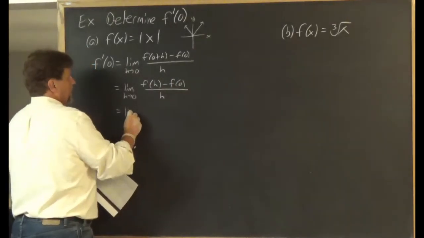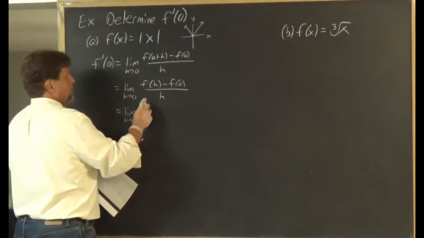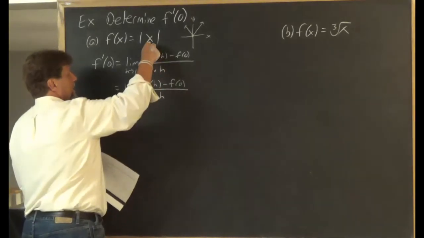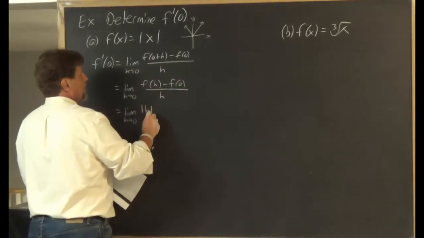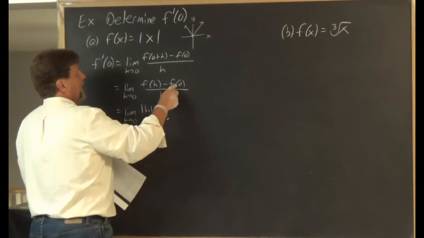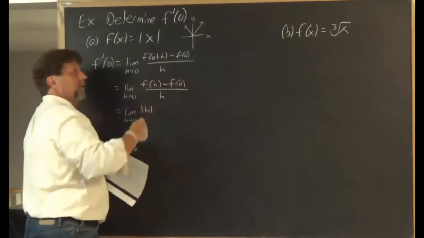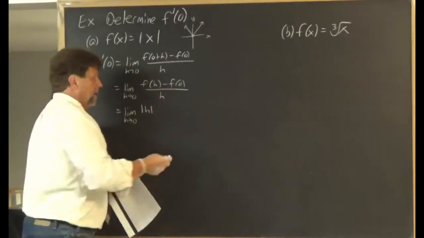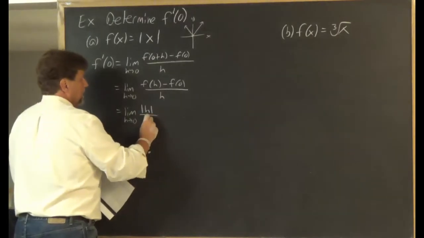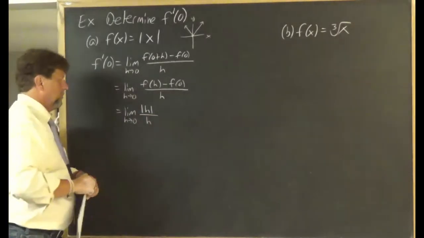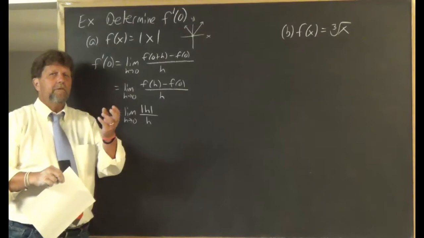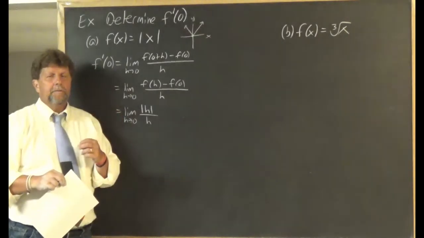And we know that f of h is found by taking h and tossing it in here. So that gives us absolute value of h. F of 0, well, we know the absolute value of 0 is 0. So this just becomes the limit as h approaches 0 of absolute value of h over h.